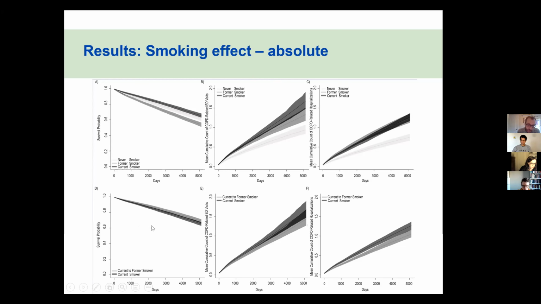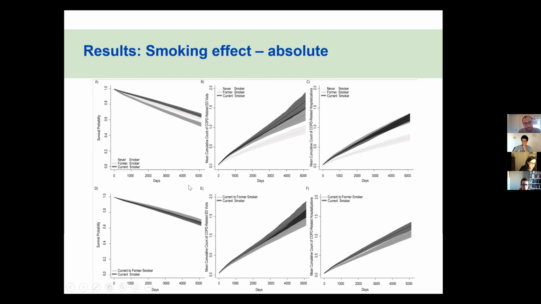If you look at the bottom row, that is the counterfactual example. So now we took our current smokers and we said, okay, what if we had an intervention that would switch them from current smokers to former smokers? How much benefit would that be? What would be the benefit with respect to life expectancy and reduction in ED visits and hospitalizations?